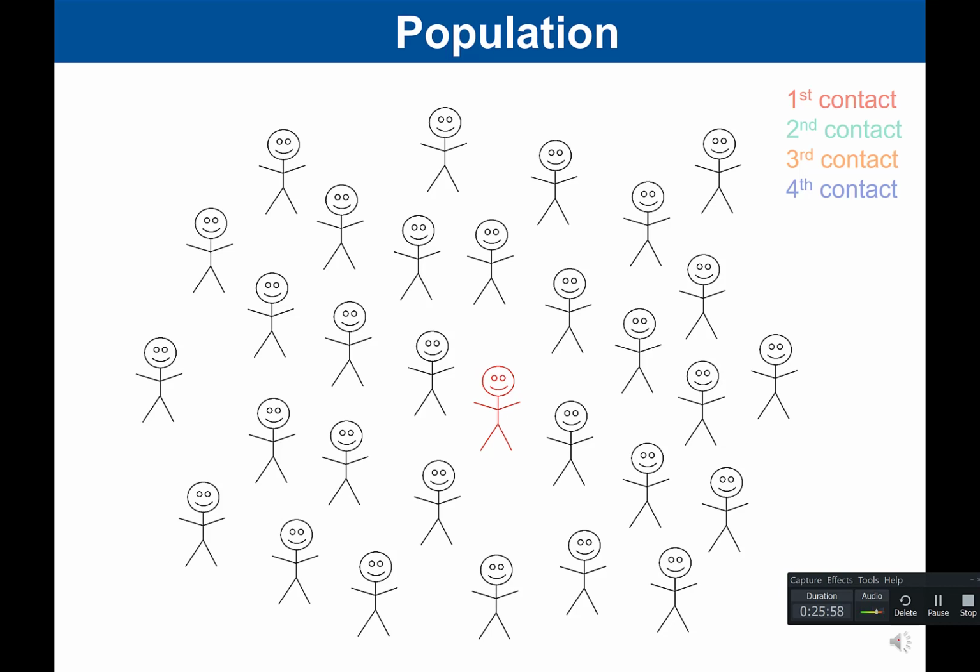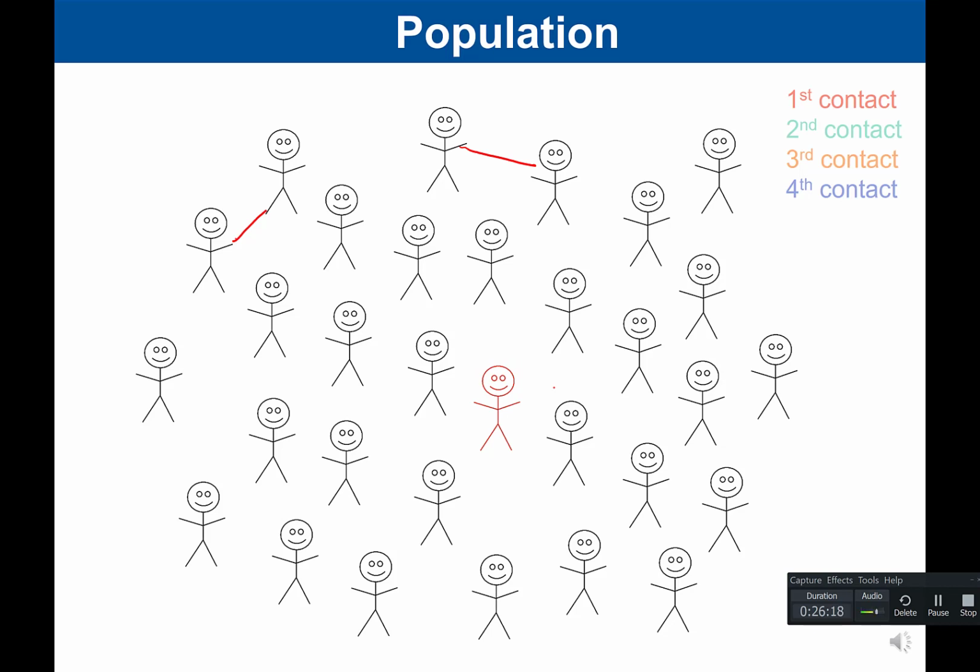After some time, people make one sexual contact. So again, we're going to have one sexual contact. People start pairing off for their first contact. Again, we're starting with one person having the disease.